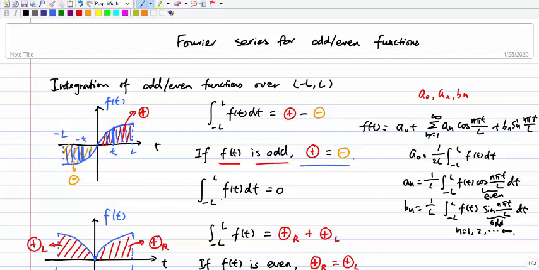That's why the integration of this odd function is 0. So I want to say that the integral from negative L to L of an odd function dt is always equal to 0, okay?